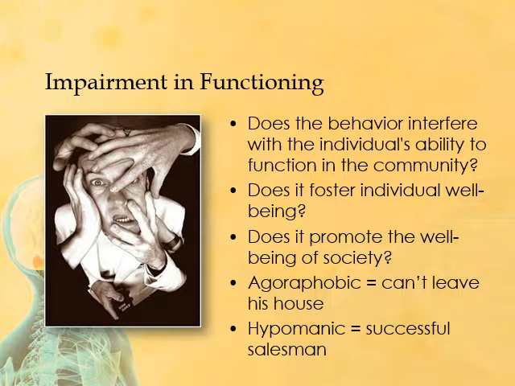Someone with hypomania may well be able to harness some of that additional energy that they have, that sense of self-confidence of being able to achieve anything, and be a successful salesman, perhaps a car salesman, or maybe even a real estate agent. If they're able to do that, we would consider them to be actually fairly successful by social standards, because especially in Western society, if you're able to be successful in what you are doing, then perhaps it's not the most abnormal behavior to have. In fact, it may well be a strength of yours rather than an impairment.